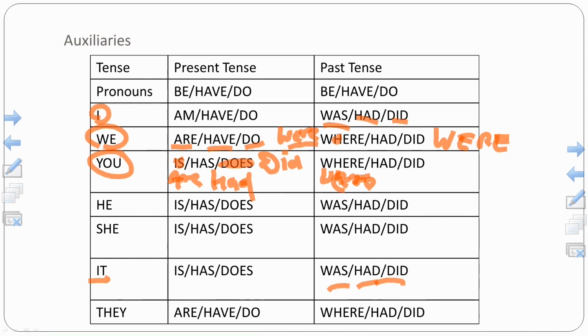And at the end, if there is a plural form like they, so they are, they have, they do, then they were, they had, they did. So this is the common auxiliaries structure for a particular tense: what will be in present tense, and what kind of changes will happen in past tense when we write a sentence.